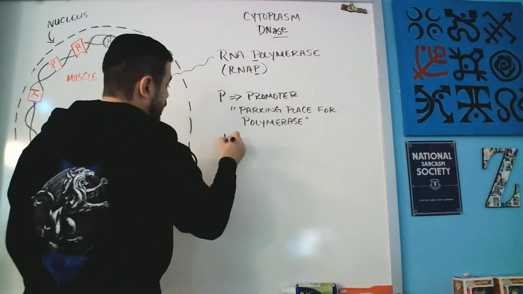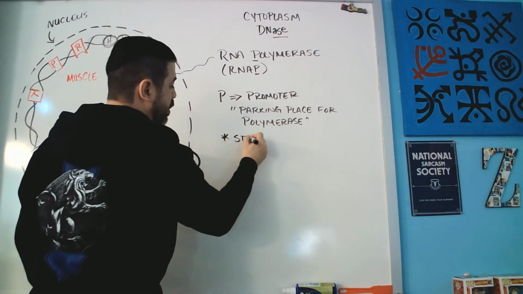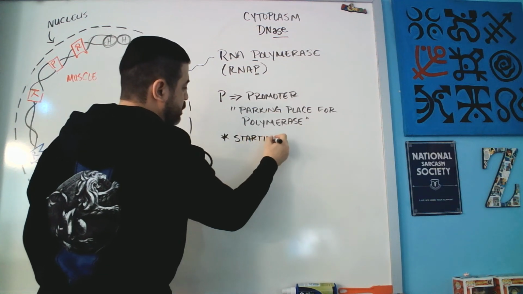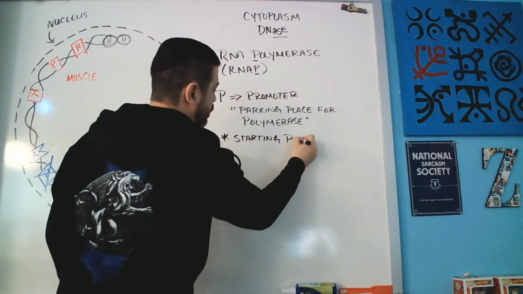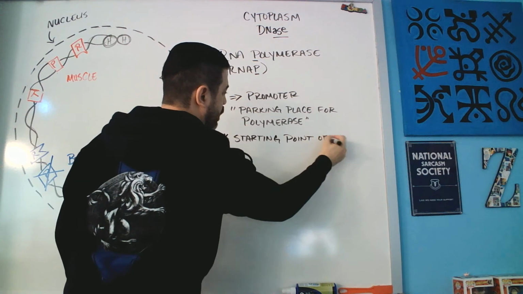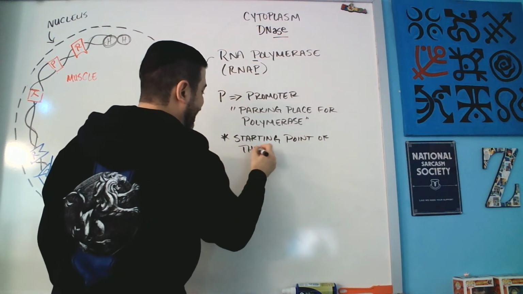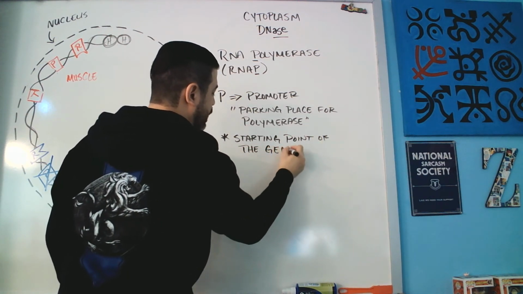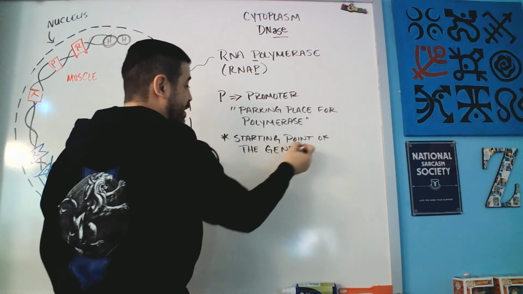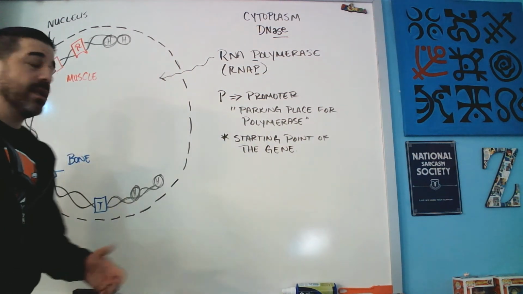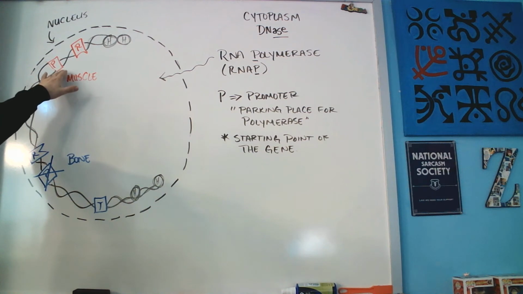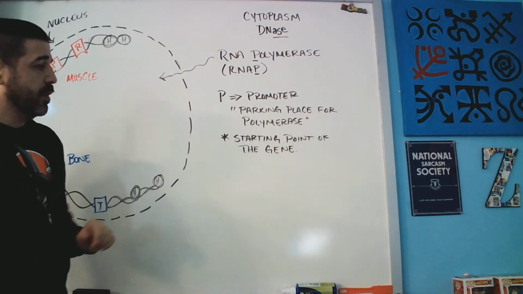This is essentially the starting point for the gene. If I need instructions on how to make something, it makes sense if I start at the beginning, or the starting point. So we start at the beginning of the gene, which is going to be identified by the promoter.